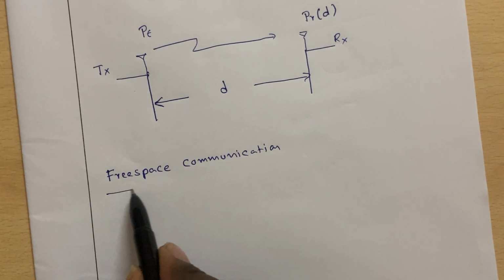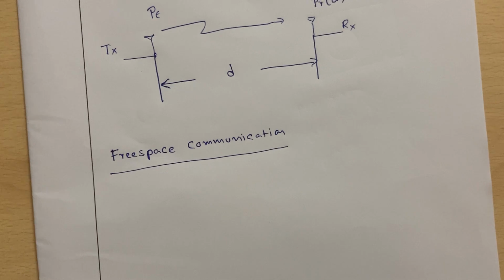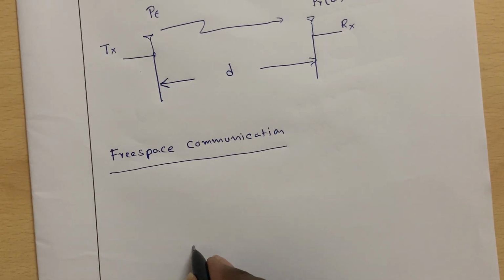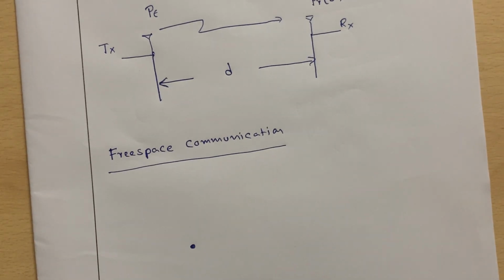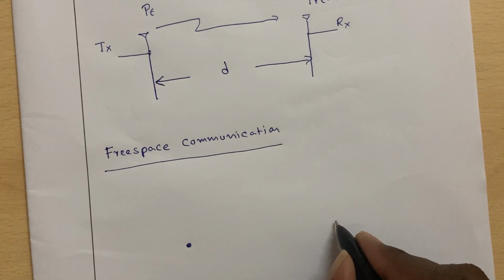That is what we call free space. So consider the transmitting antenna as a point source, and similarly consider the receiving antenna as a point source.